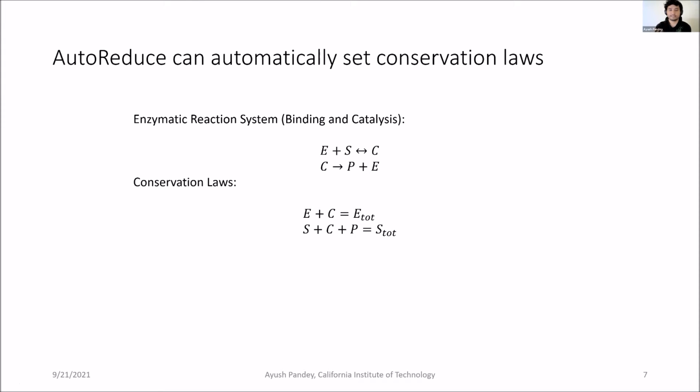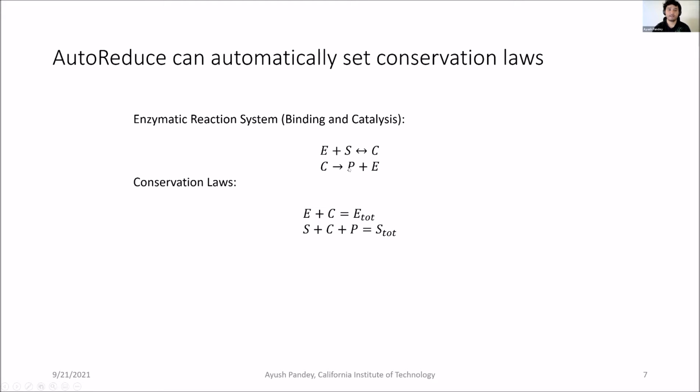So for this simple system, as you can see, it's very easy to substitute these conservation laws, derive the mathematical models that are underlying after the conservation laws, and that would give us the reduced model for this enzymatic reaction system with just the equation for the product.